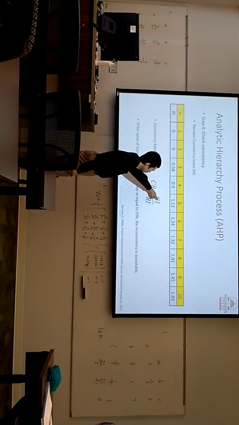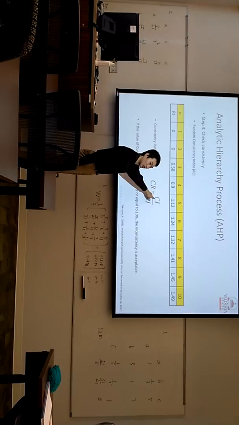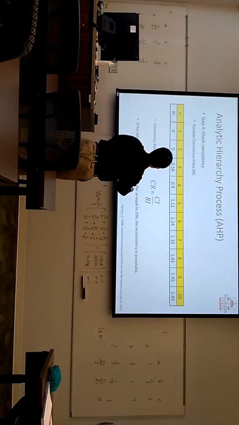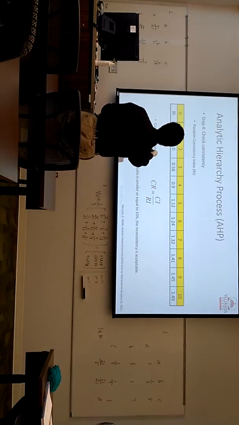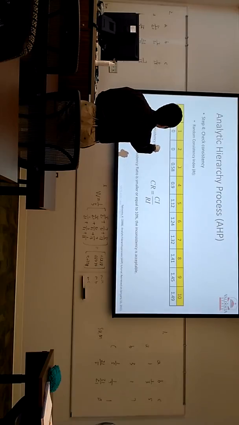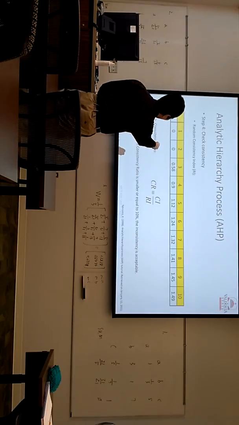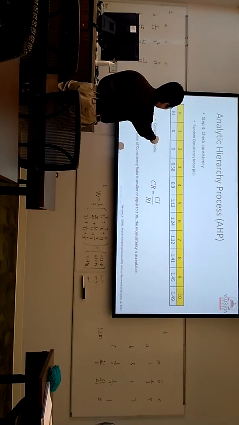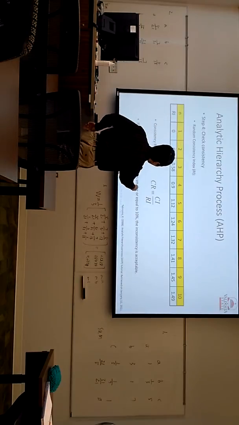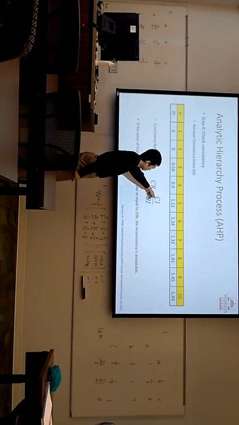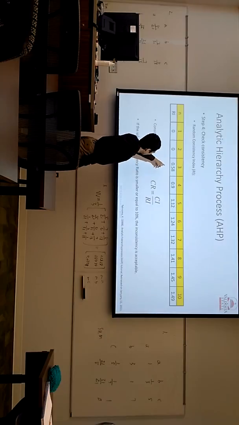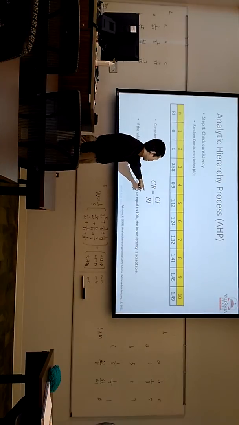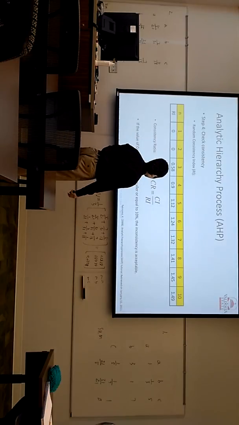We already calculated the consistency index, and let's select our random consistency index, because we have 3 fruits, so we select this one. We use our consistency index divided by 0.58. Then we will have this consistency ratio.